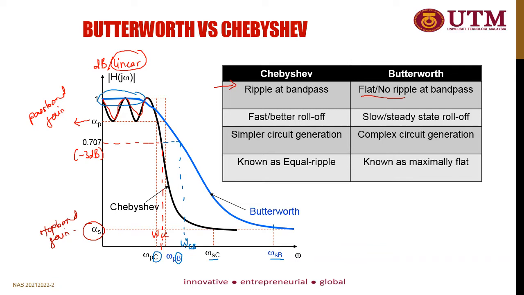Okay, and then fast roll off, meaning the slope. Look at the slope. For Chebyshev, it has fast roll off, the gradient is very narrow, the slope is very narrow compared to the Butterworth. Fast, steady and slow roll off.